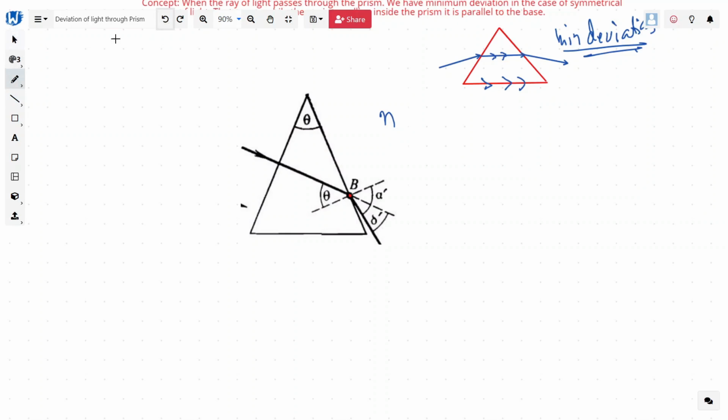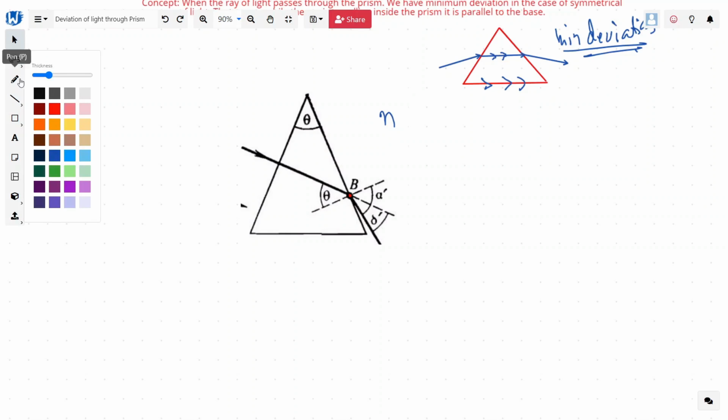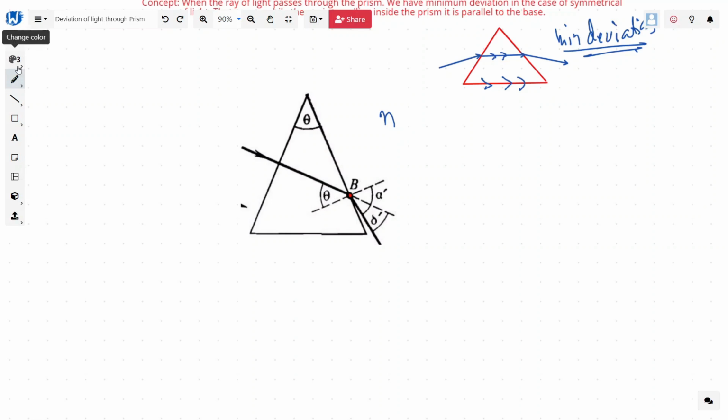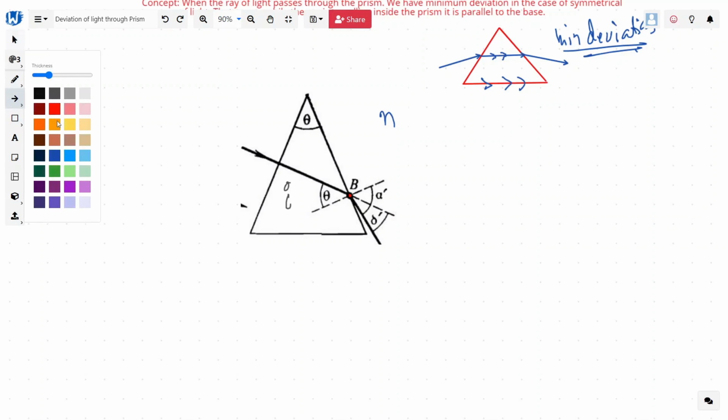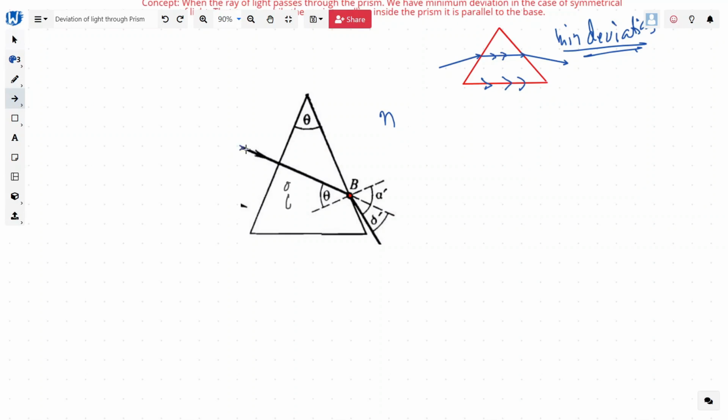Then, because it is going from a denser medium to a lighter medium, it deviates away from the normal. So finally, the path of light is going to come straight from here, away from the normal. That's very clear, and this is what the whole physics is all about.